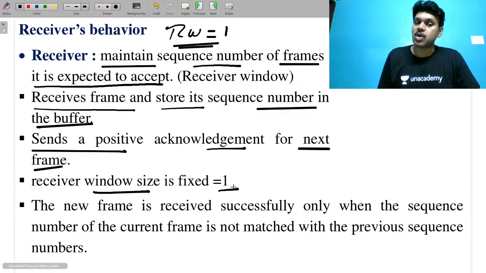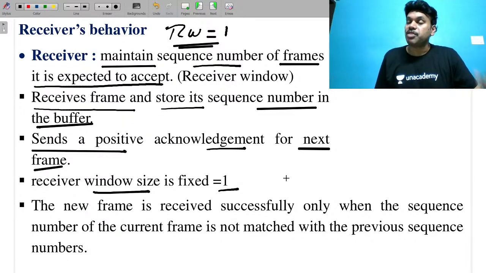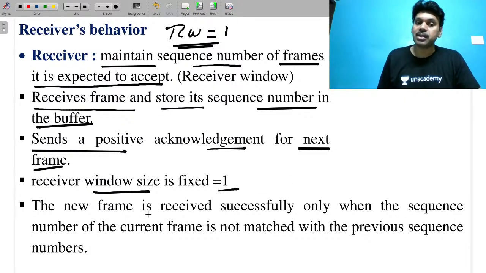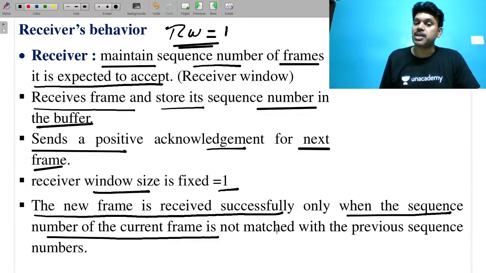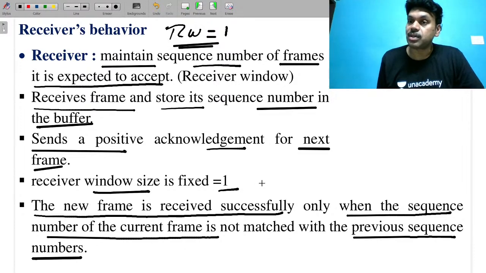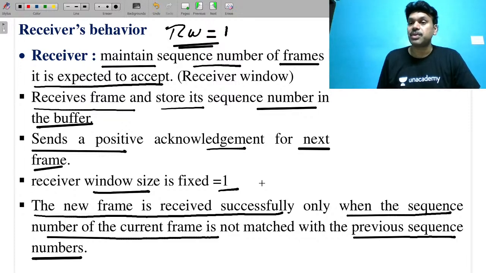For example, if the receiver receives a frame which is not equal to the expected frame number, then it is a duplicate, an ambiguity. A new frame is received successfully only when its sequence number matches the current expected number.